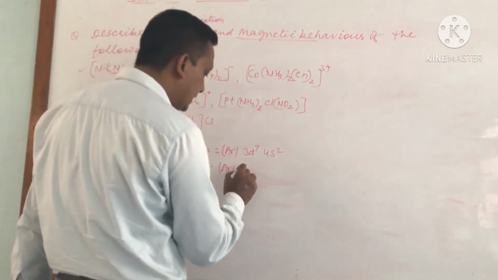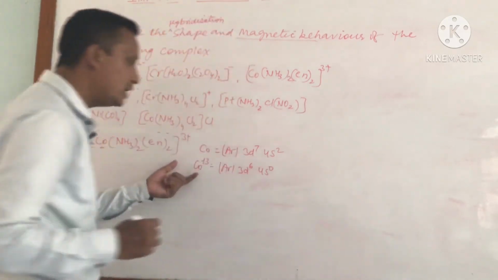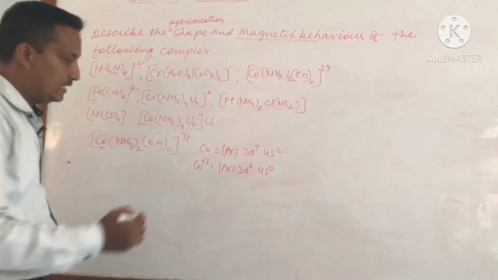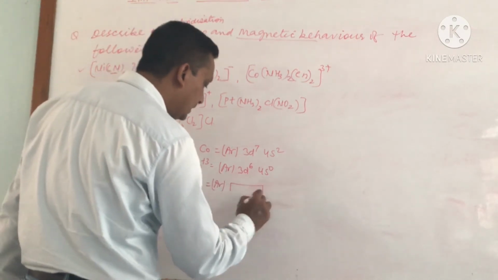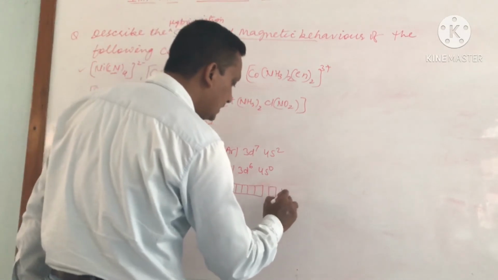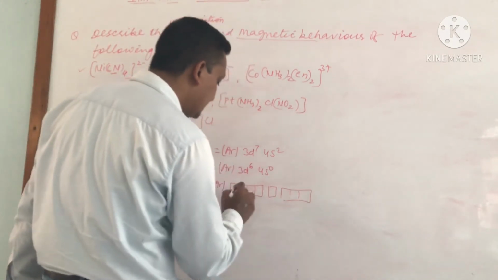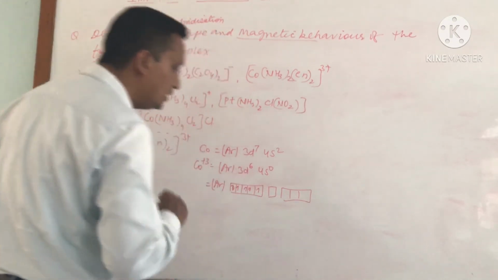So in this case it would be 3d6 4s0, because 3 electrons we are to remove from the cobalt atom. So in this case we can write argon, then d subshell 1 2 3 4 5, then s subshell, then p subshell. So in this case 1 2 3 4 5 and 6 electrons are there.